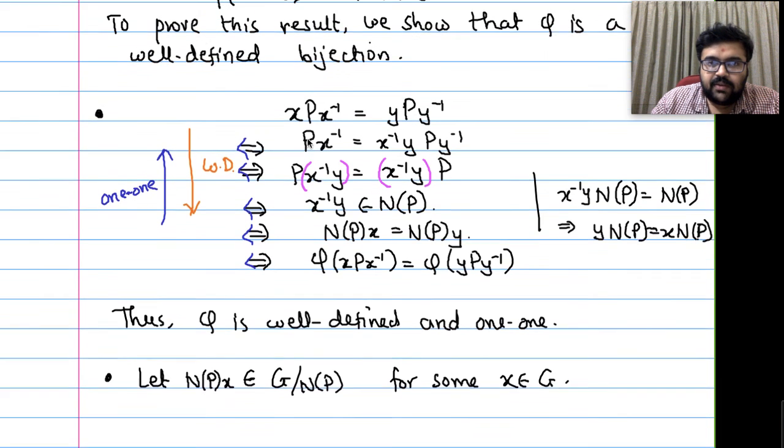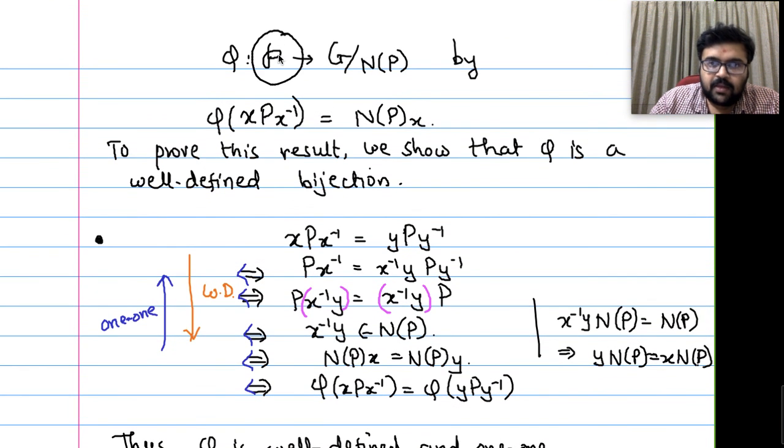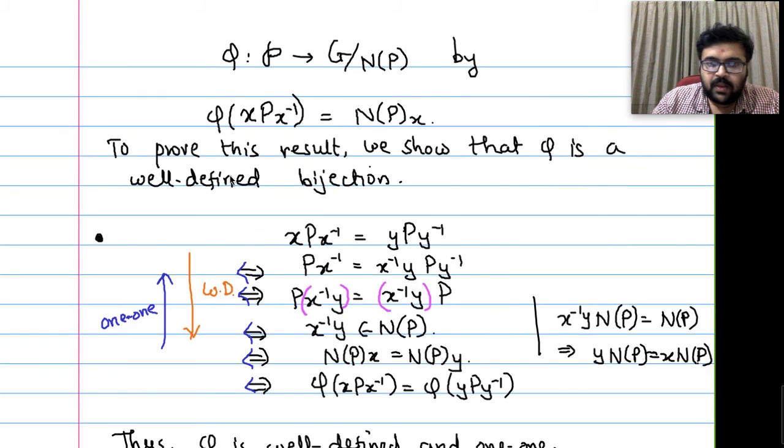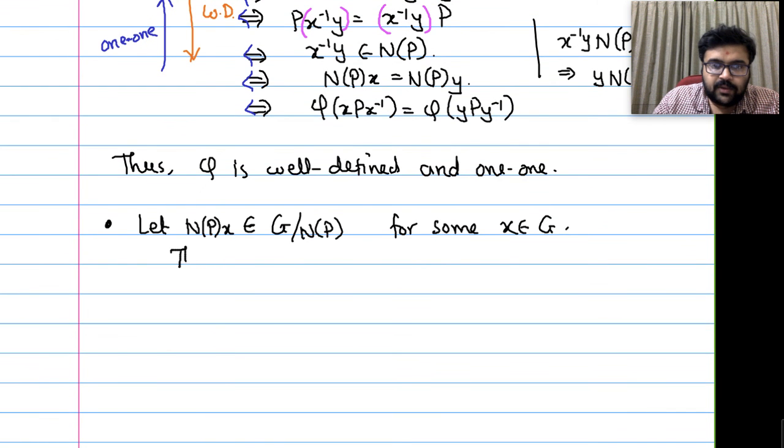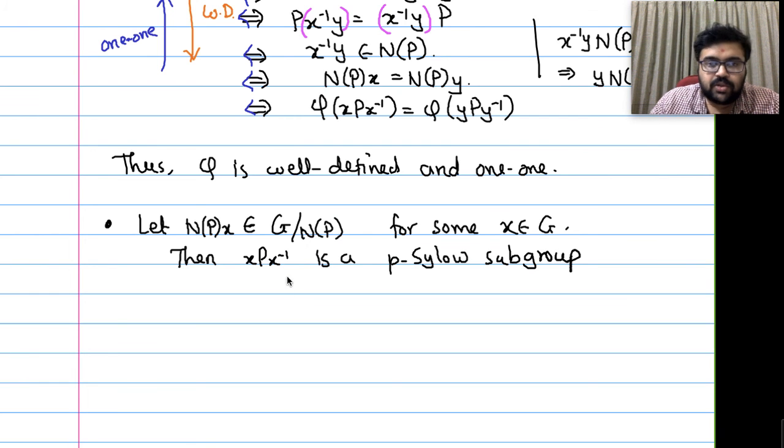As soon as we have x, we have a p-Sylow subgroup. This is the collection of all p-Sylow subgroups. So as soon as we have x, then xPx inverse is also a p-Sylow subgroup. Because P is a p-Sylow subgroup, this is also a p-Sylow subgroup. Why?